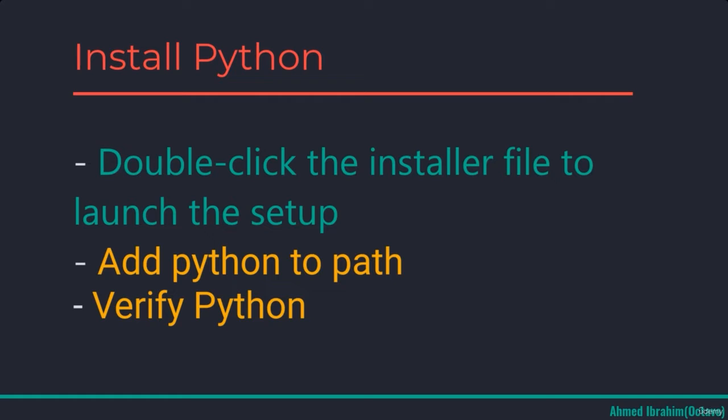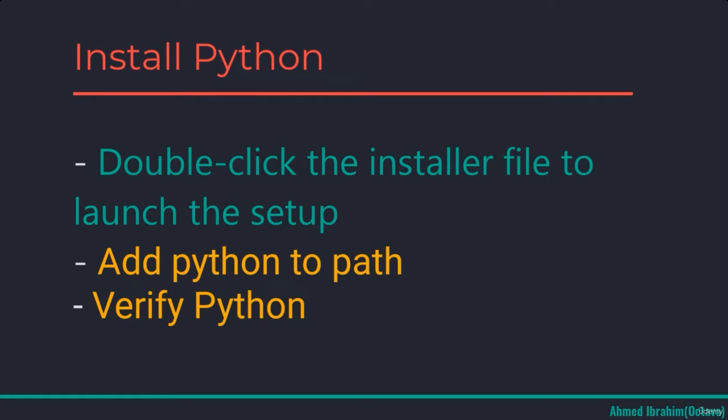The first step is adding Python to path to make the Python programming language accessible everywhere on your device to avoid getting errors. And after successfully installing this language, I'm gonna show you how to verify or check the latest version of this language by using the command prompt or terminal.